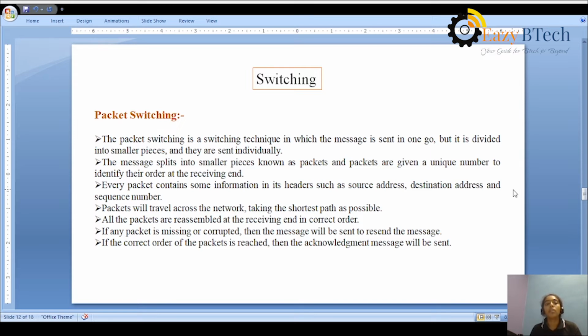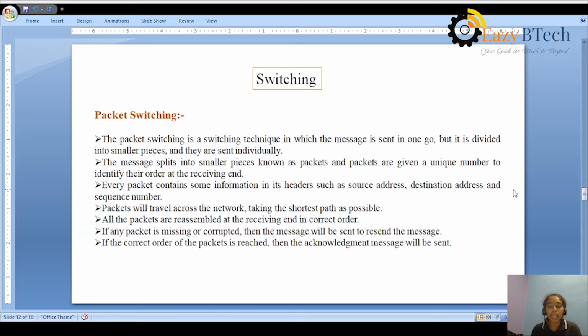The entire message will be divided into a number of packets, and each packet will be allotted a unique number or sequence number to identify the order at the receiving end. In packet switching, we send different packets using different routes.